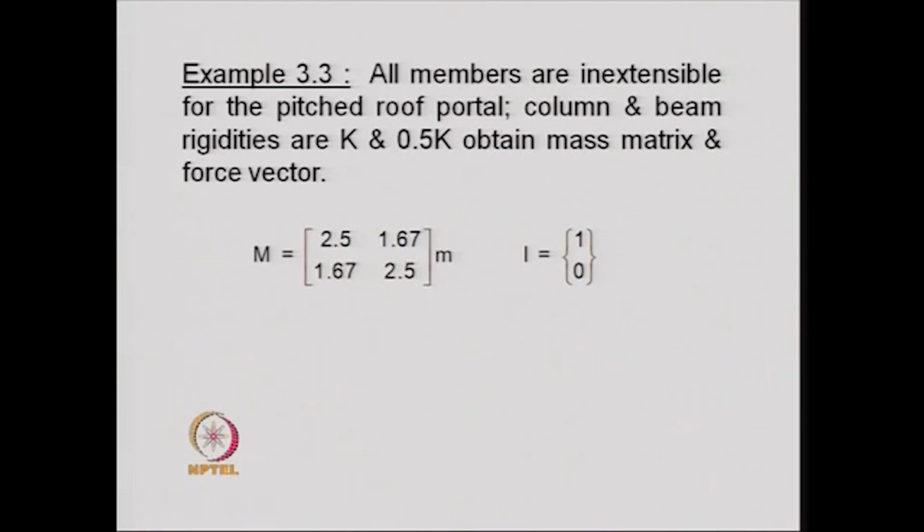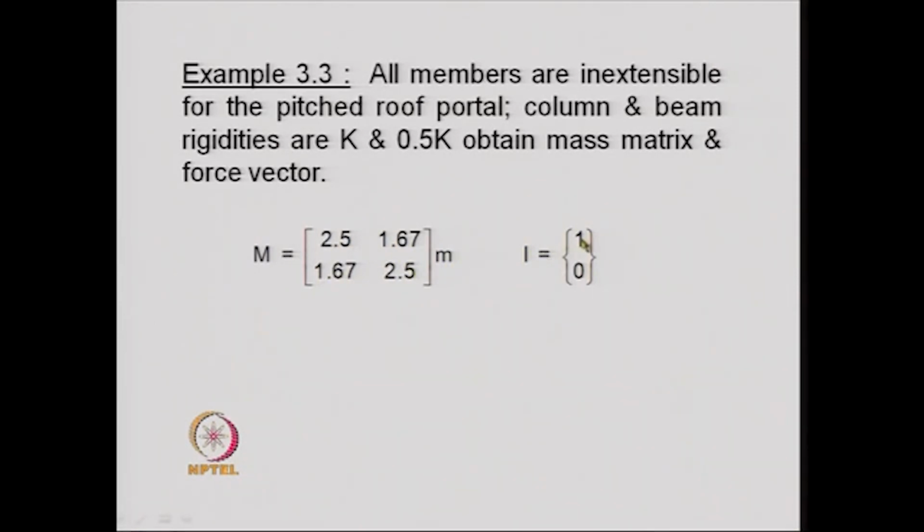Again we emphasize this point by showing another example where the mass matrix is not a diagonal mass matrix, but a coupled mass matrix like this. K matrix obviously also will be a coupled stiffness matrix.